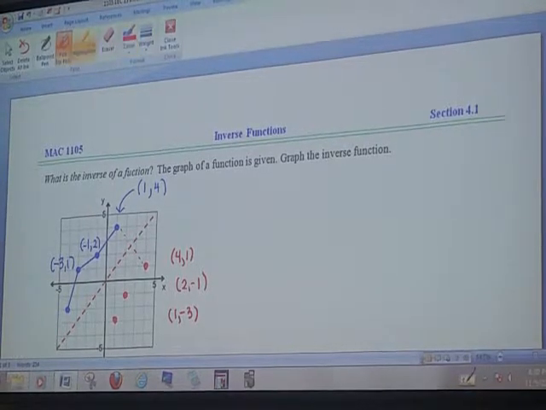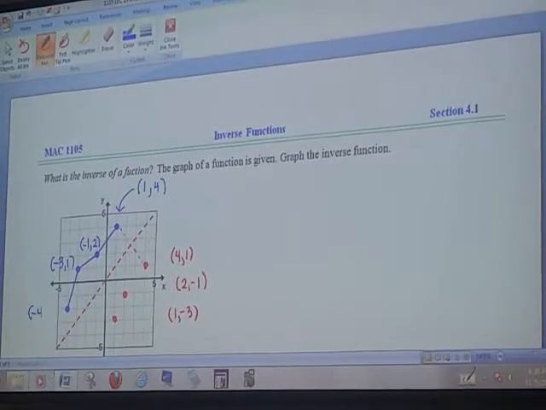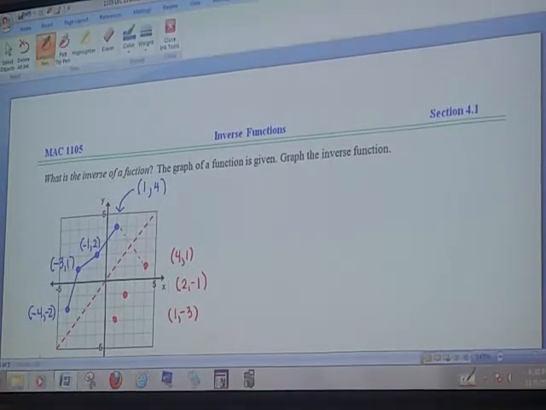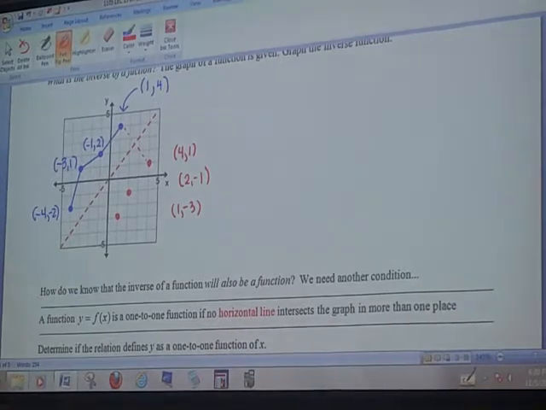Sometimes I have to count wrong, you know how it is. And then down here finally I have 1, 2, 3, 4, and down 2. So this is (-4, -2). So that means across here on the other side, I've got the reverse of that, so it's (-2, -4).